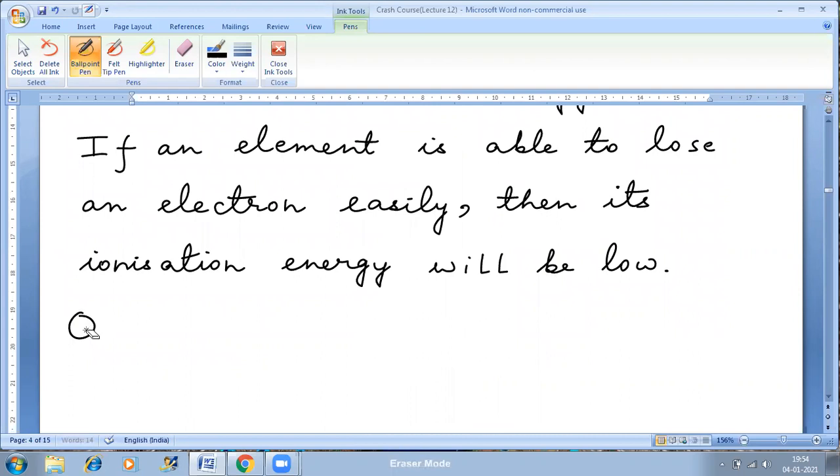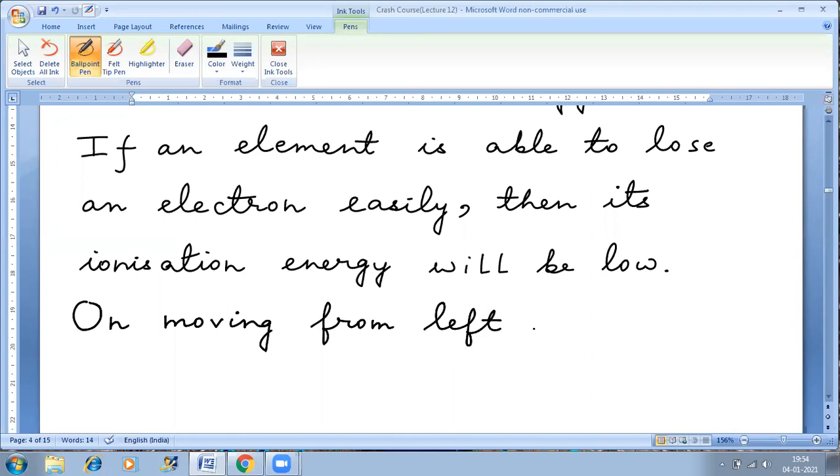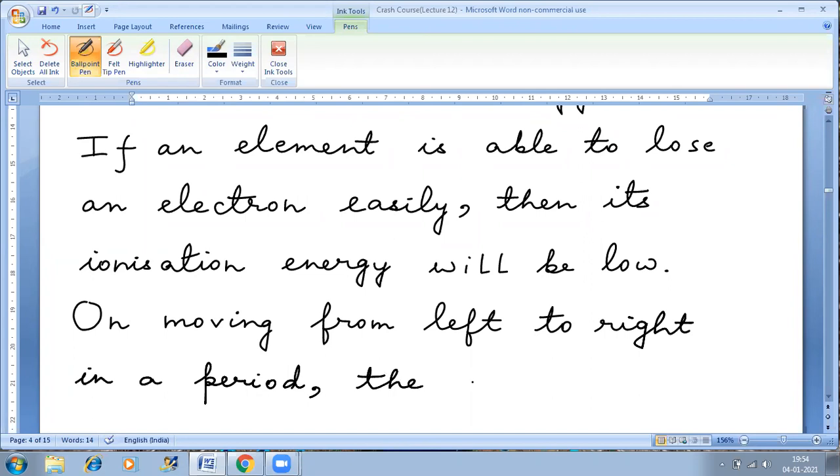So on moving from left to right in a period, what is happening?